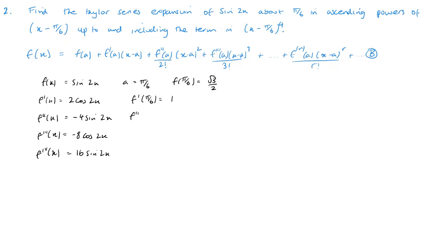So this will be minus 2 root 3. Now cos of pi by 3, now I'm saying pi by 3 because it is 2 times pi by 6, yeah? So cos of pi by 3 is a half times by minus 8 is going to give me minus 4.